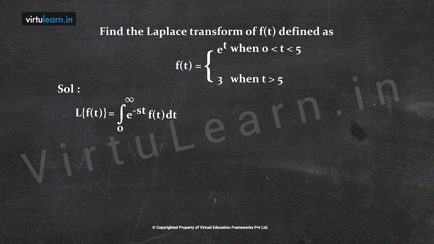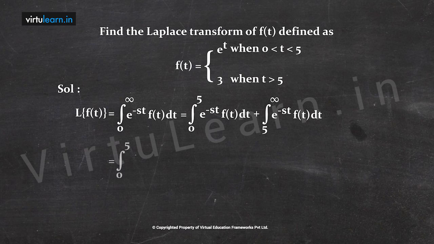That's why I am splitting the interval 0 to infinity: the integral from 0 to 5 of e^(-st) f(t) dt plus the integral from 5 to infinity of e^(-st) f(t) dt. So I have split the integral between 0 and 5 and more than 5, according to the problem.